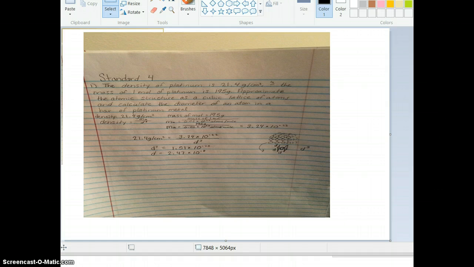We're given the mass of 1 mole, which is 195 grams, and we will calculate the density using those numbers.